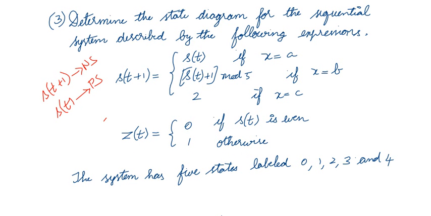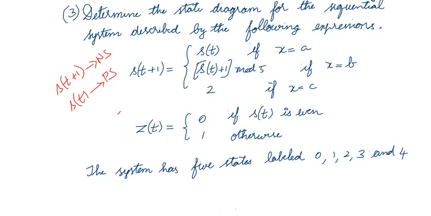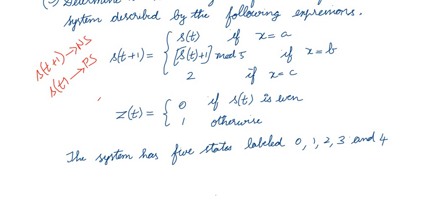Simple. Now in the last line of the question they have given, there are how many states? There are 5 states. They are numbered as 0, 1, 2, 3, 4 and 5. Which they are asking, draw the state diagram for the given sequences. Right.